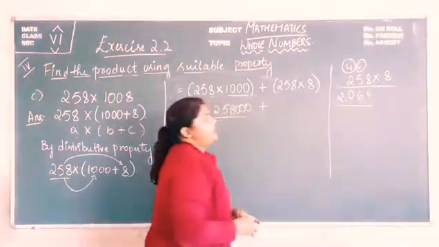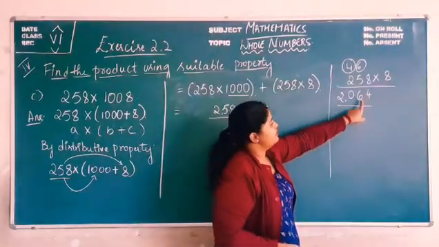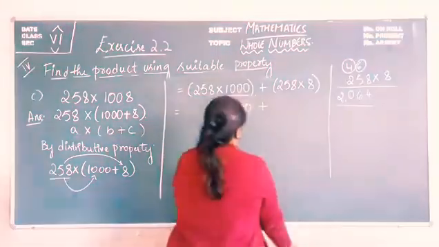So when we multiply 258 into 8, we get 2064.